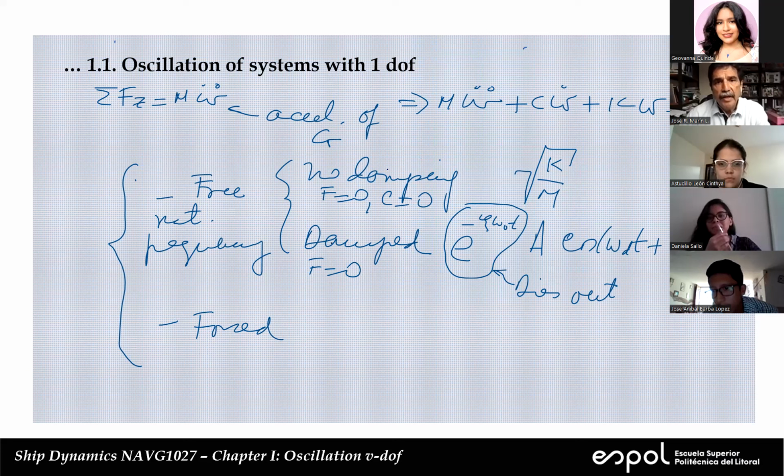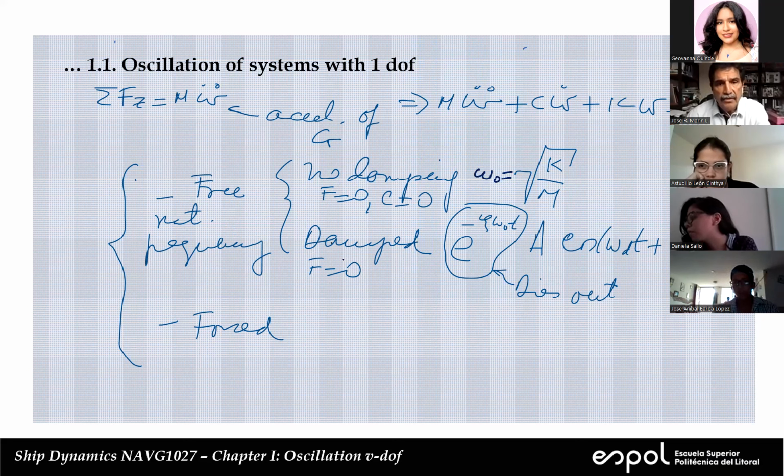In the case of the free, we're interested in the natural frequency, and we could include damping or not. In the simplest case, we do not include damping, and this is an expression for the natural frequency.